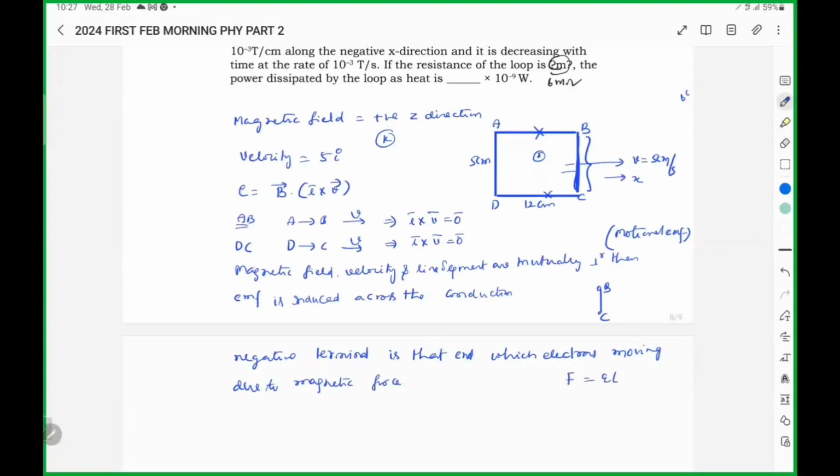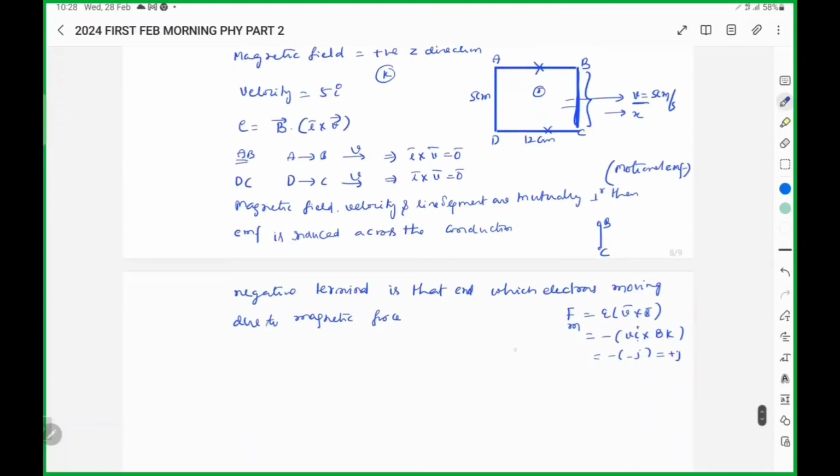But here it is q times V cross B, force due to magnetic field, and here electron is negatively charged. Here conductor is moving along X direction, so magnetic field is out of the plane, positive Z axis. i cross k will be minus j, but it is plus j for the electron.